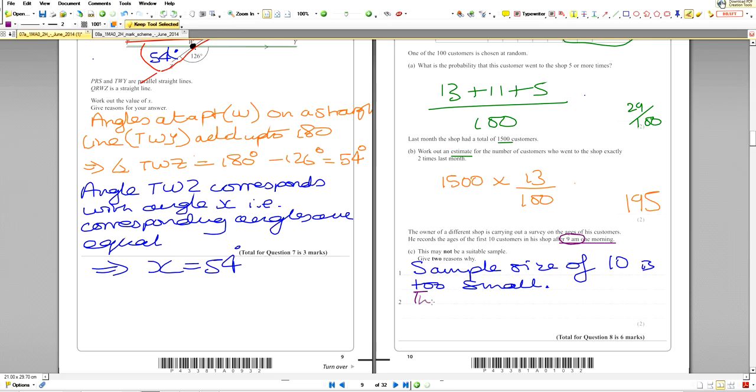The time, 9 a.m. is too early and may not be representative of the ages of all the customers.